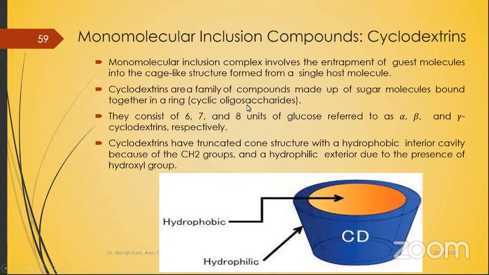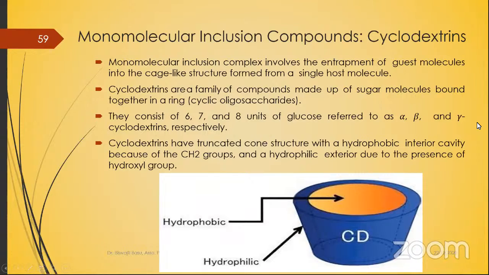And if it contains 8 units of glucose, then it is gamma cyclodextrin. Now, among these 3 cyclodextrins, alpha, beta, and gamma, beta cyclodextrin is the most widely used. Beta cyclodextrin is used the most among these 3 classifications.